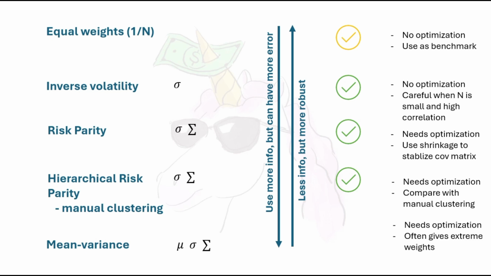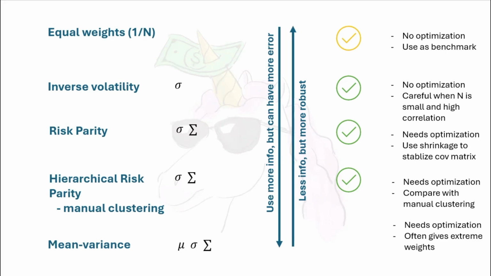But I definitely think mean variance is a good method to try with your own data. You can understand how it actually works and then see the result yourself. I think it's a very valuable thing to do. In practice, equal weights and inverse volatility require no optimization, while the other methods do need optimization.